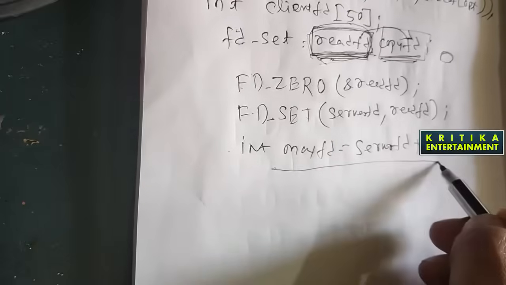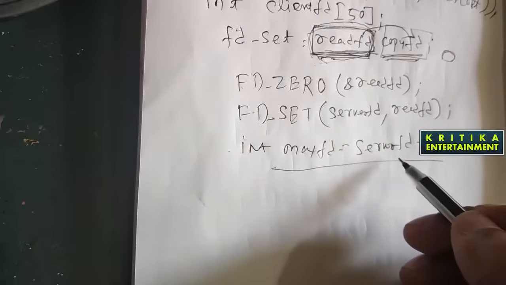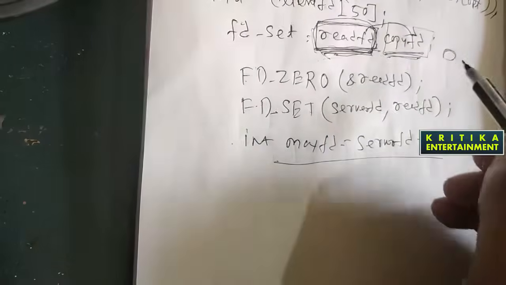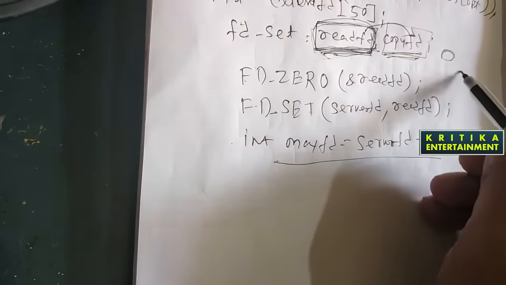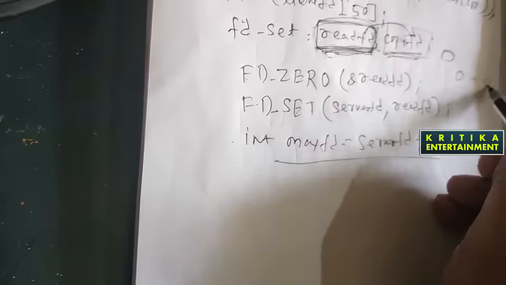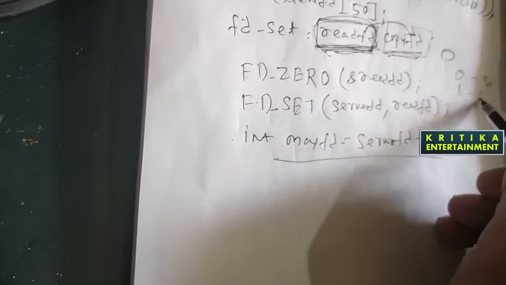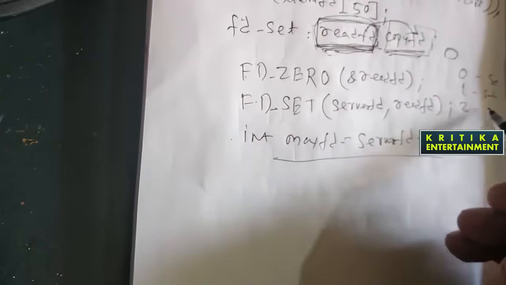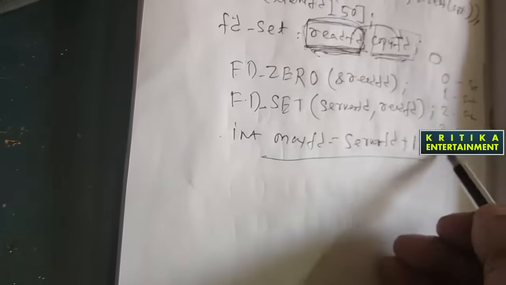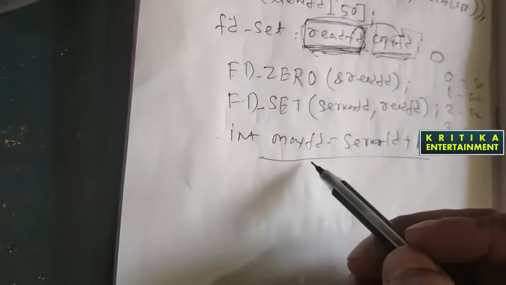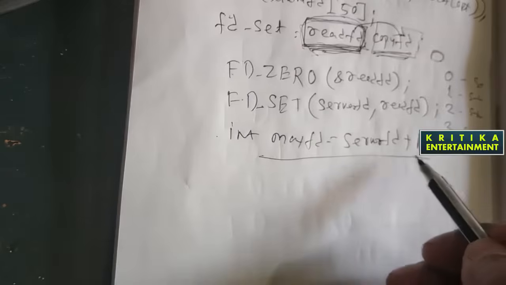Why does select return 3? Because 0 is the standard input, 1 is the standard output, 2 is the standard error, and 3 is the socket. So int max fd is equal to server fd plus 1.